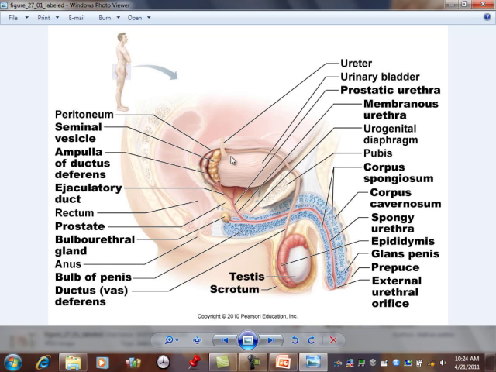So we have seminal vesicle and something called the ampulla. Then we have to pass through a very large gland called the prostate. And we already met the prostate when we talked about the renal system. Remember that? Then we have to pass by something called the bulbourethral gland before we leave the male's body in that semen, that liquid.